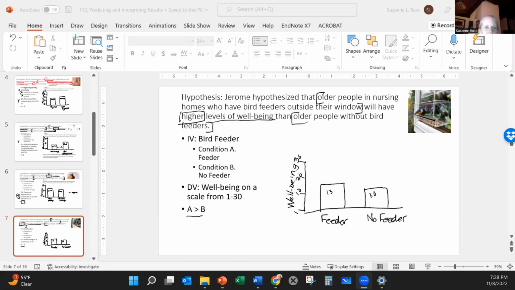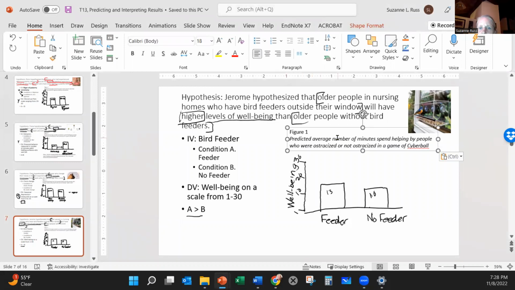The title that we'll give this presentation, let's go ahead and copy what we've been doing. And so figure 1, we're always going to start with predicted average for this.